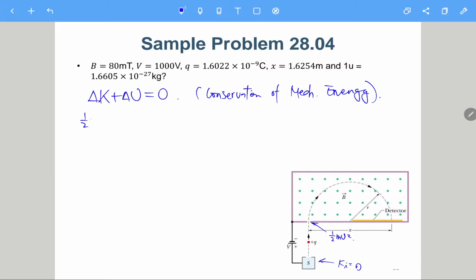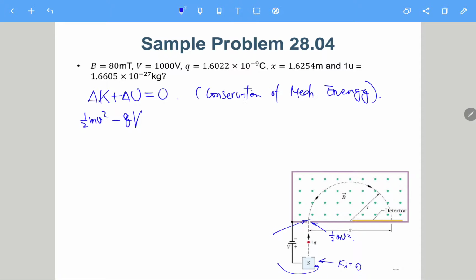So delta K is 1/2 mv squared minus 0, which is 1/2 mv squared. And delta U will be minus QV, because at this point the electric potential is higher, and at this point the electric potential is the lowest.